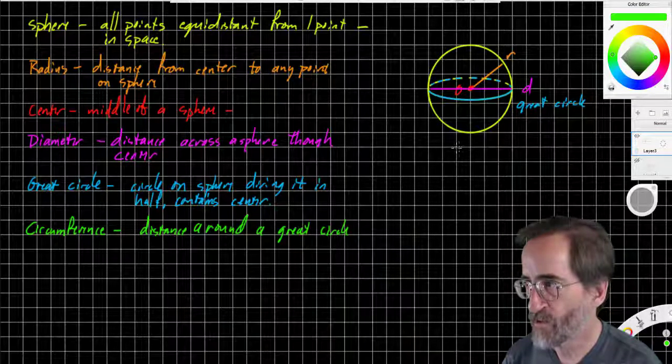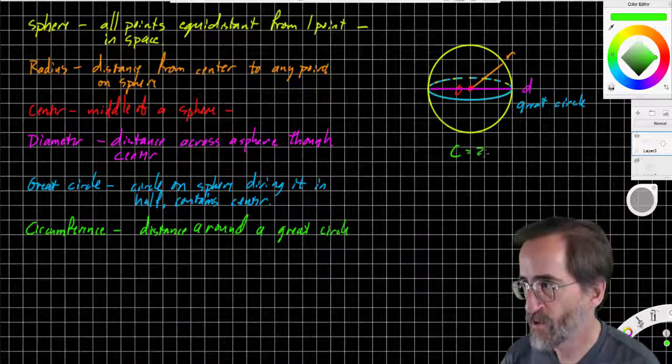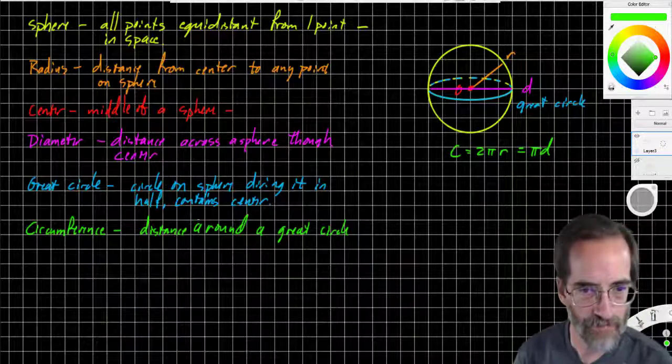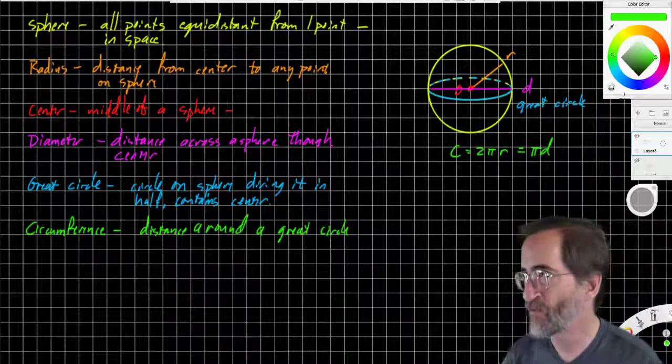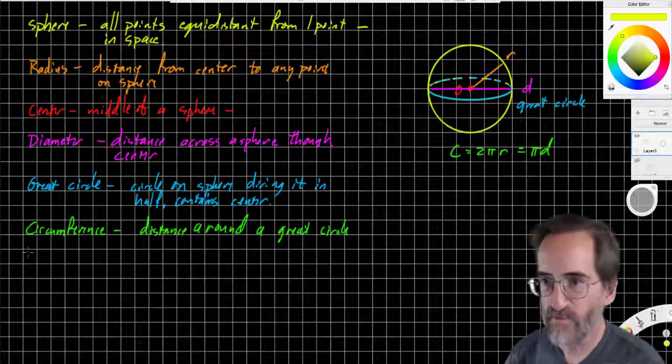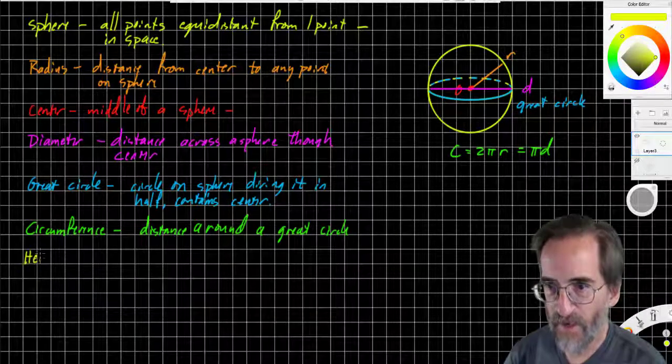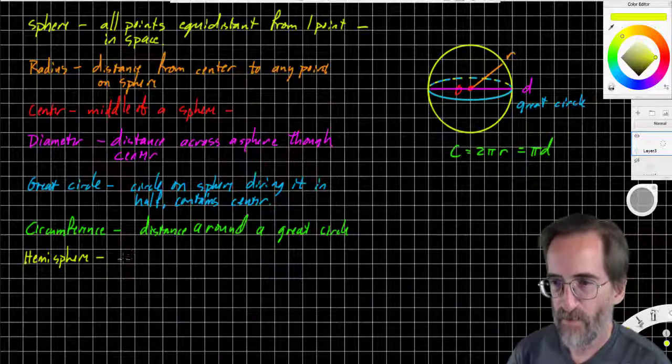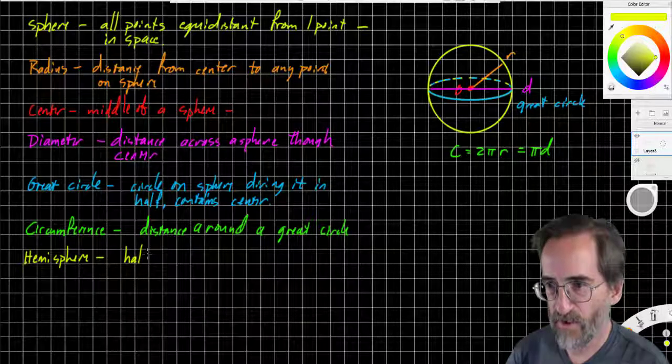So in this case, circumference is 2 pi r, or pi d. Distance around. Okay, sphere, radius of sphere, hemisphere. Oh, hemisphere, we haven't done that yet. Hemi means half. Okay, so half a sphere.